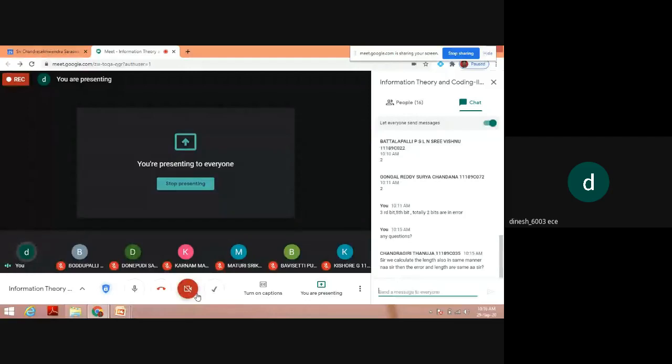If there is no error, we write 0. In that way, we can calculate the error sequence. The number of bits present in X will be equal to the number of bits in Y, and equal to the number of bits in E also.